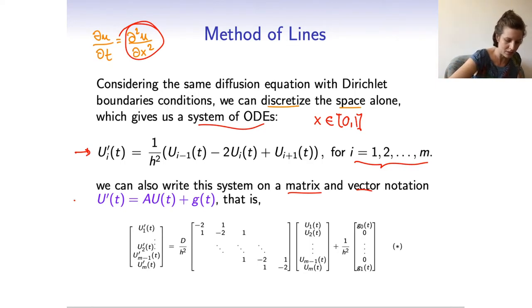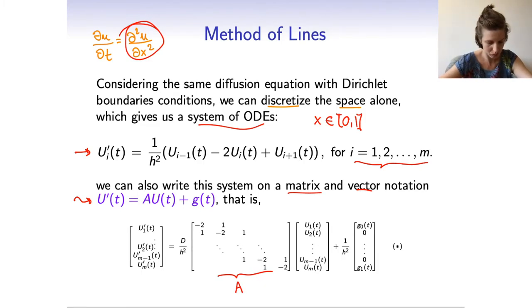So we can write it in this way, where this is our matrix A. Here we have the diffusion coefficient, and it's also here. And here is our vector G, which is carrying the boundary conditions.